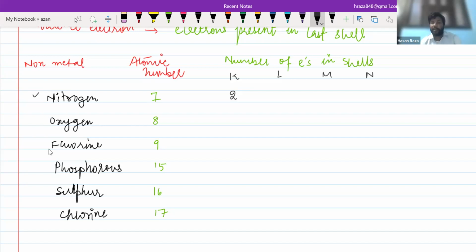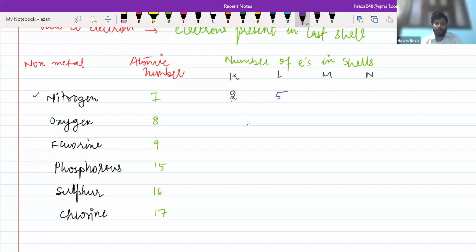So the atomic number will be equal to the number of electrons. So in the first shell, 2 electrons will go. So now we will have 5 electrons left, and in the second shell, third shell, and fourth shell, maximum 8 electrons will go. So we have only 5 electrons. So this is the valence electron.